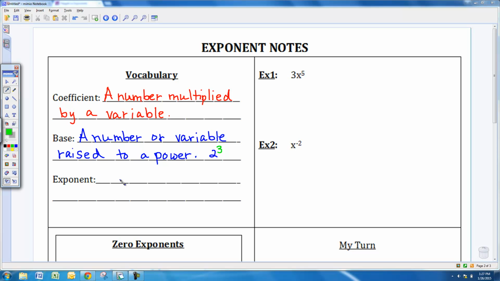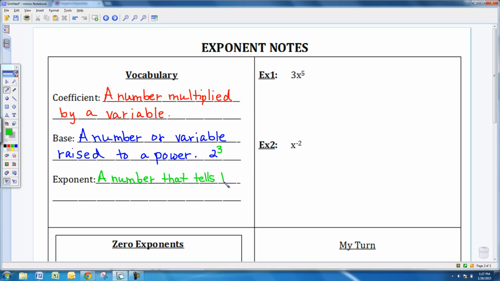Okay, that brings us to an exponent. An exponent is a number that tells how many times to multiply a base.